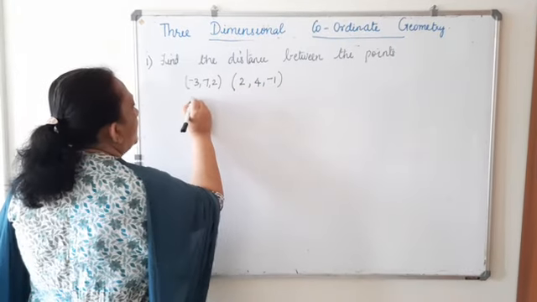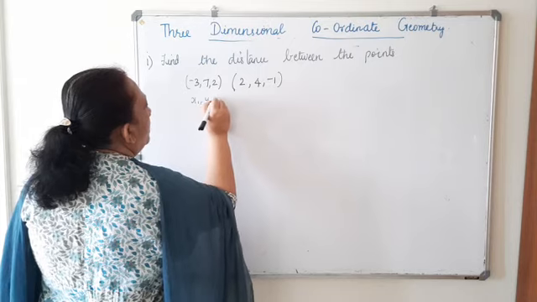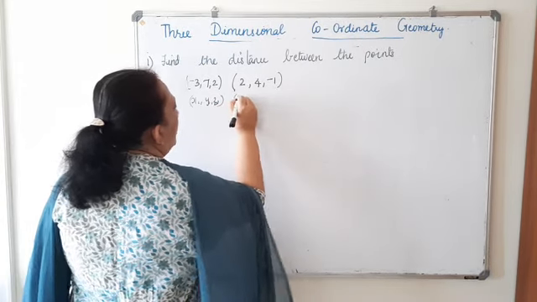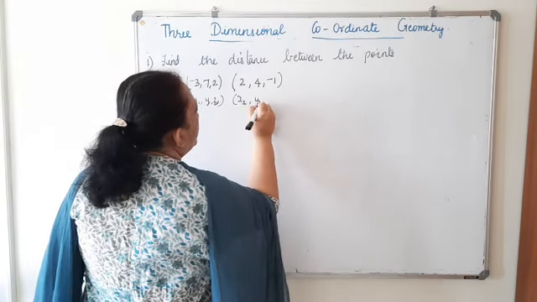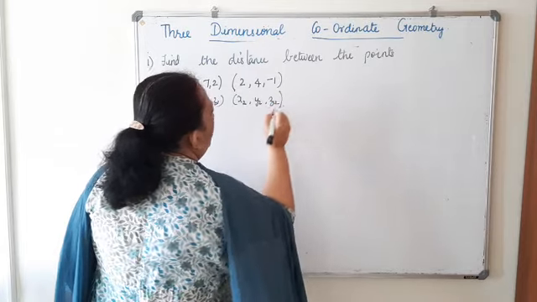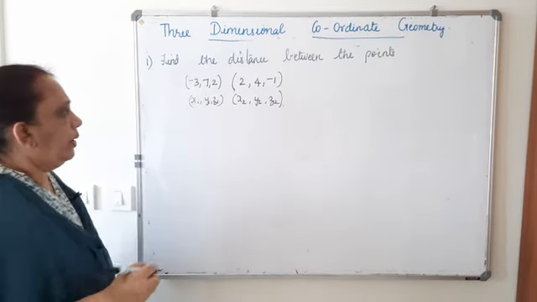You can take this as x1, y1, z1 and this as x2, y2, z2. What is the distance between these 2 points?